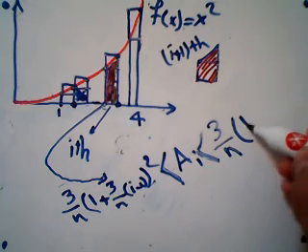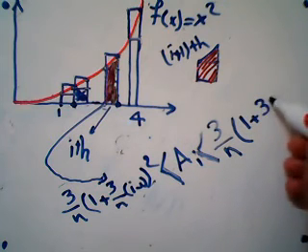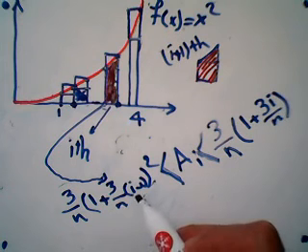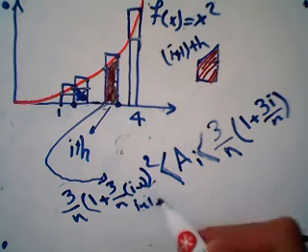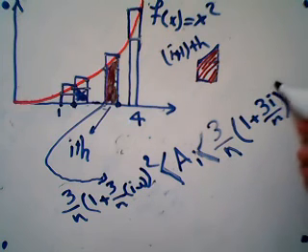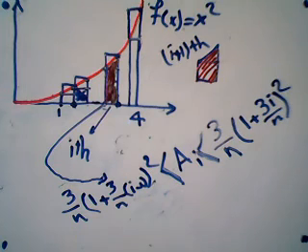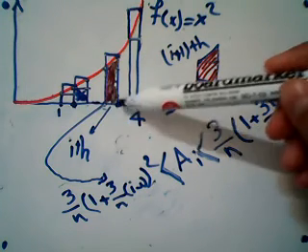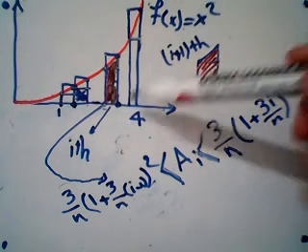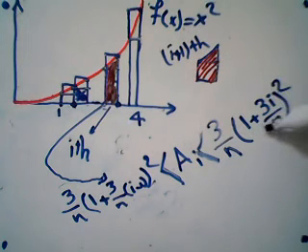So that would be 1 plus 3i over n, since i+1 minus 1 is i, squared. Because the length of this side is the f of this point, whose x-coordinate is this, 1 plus 3i over n. Okay?